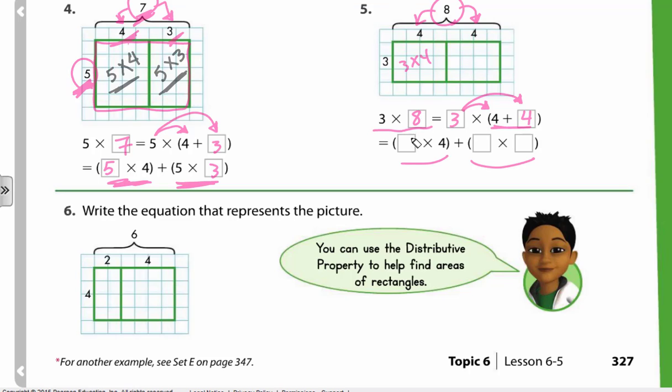And for the second rectangle? No, my hero, if this is 3, so this is also 3. 3 times 4. So the other one also is 3 times 4. Thank you. In the next question, we will write the equation that represents the picture. It's the same, but this time we will write the equation.